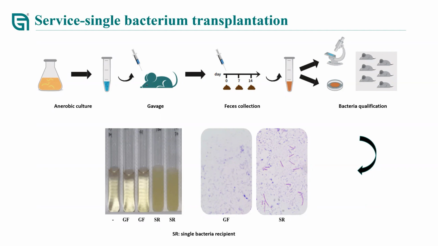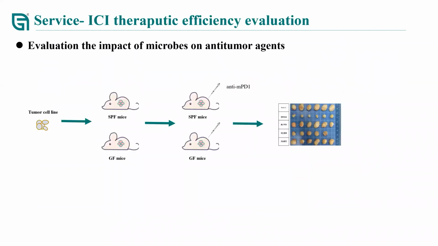So this is for the microbiota and bacteria parts. In addition to those two parts, we conducted an oncological study before, and this study was a basis for further anti-tumor studies. Specifically, we inoculated a tumor cell line subcutaneously in both SPF and GF mice.